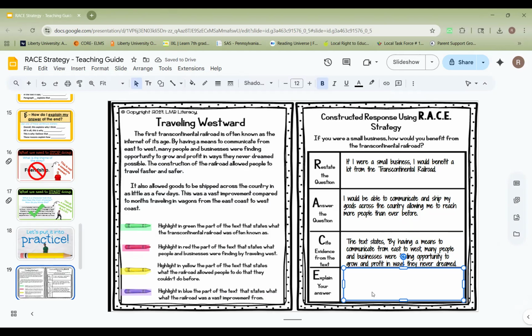Okay. So explain why I picked that. I have to explain my answer. So what does this all mean?